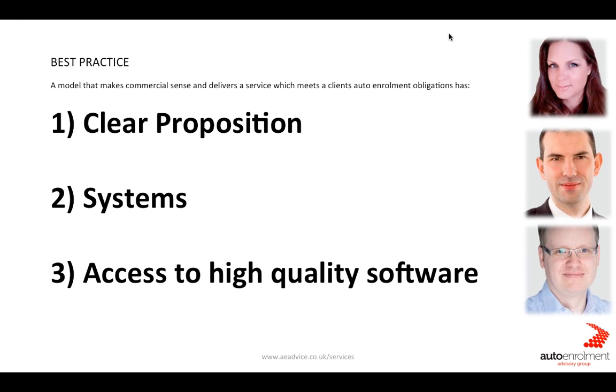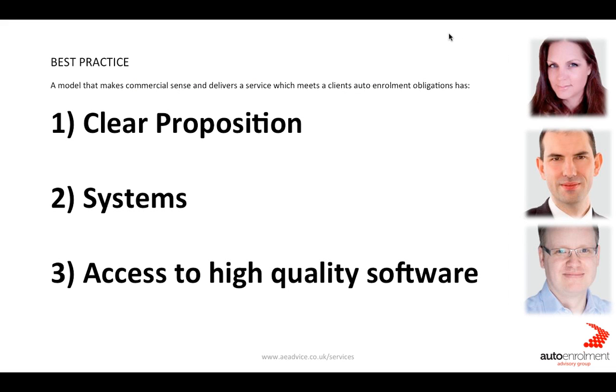Now, I believe the system comes in two parts. Firstly, the planners and advisors need to ensure their own systems are robust enough, particularly when dealing with auto enrolment work, or they partner with somebody who's built that. And secondly, systems need to be in place to help employers comply with employer duties by changing and amending their clients' business processes.